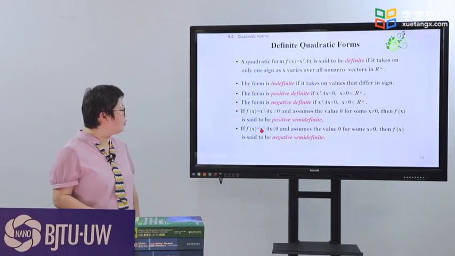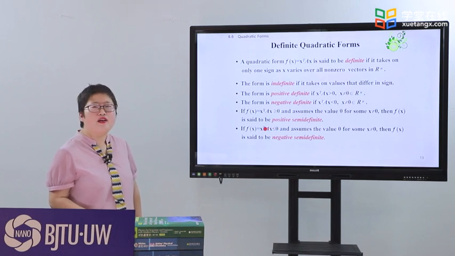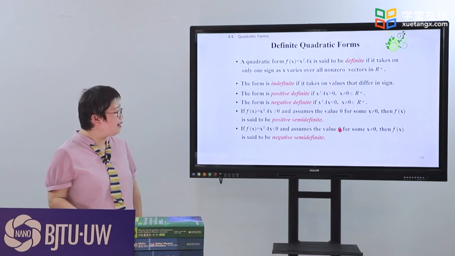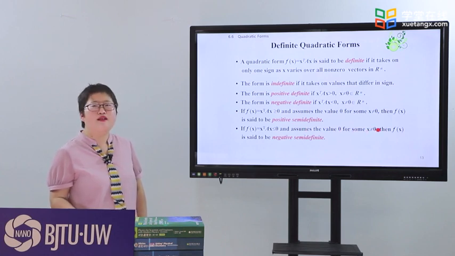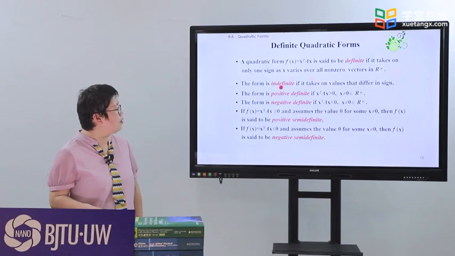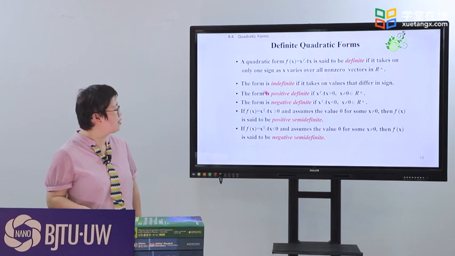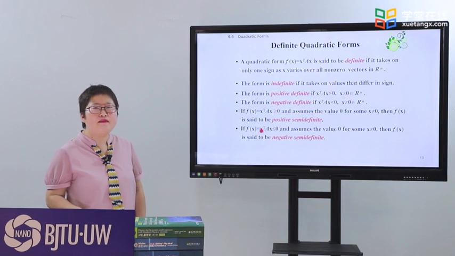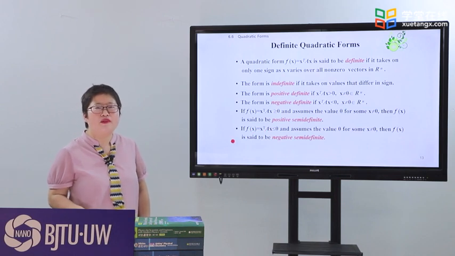And if f(x) equals x transpose A times x is smaller than or equal to 0 and assumes the value 0 for some non-zero vector x, then f(x) is said to be negative semi-definite. So for the quadratic form, we like to consider whether it's definite or indefinite. If it's definite, you consider whether it's positive definite, negative definite, positive semi-definite or negative semi-definite.